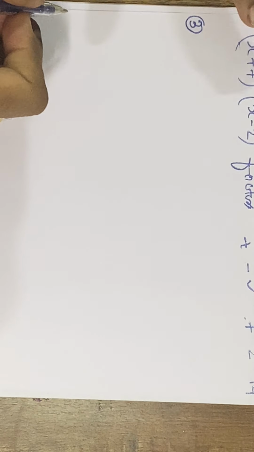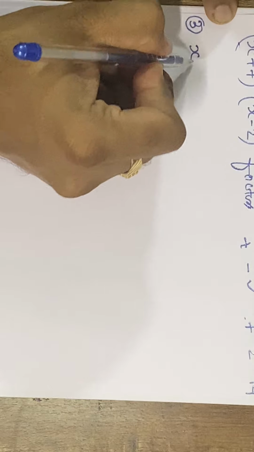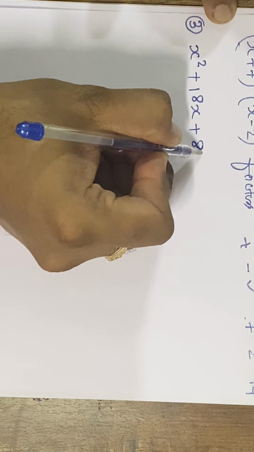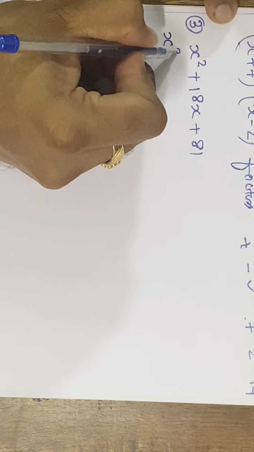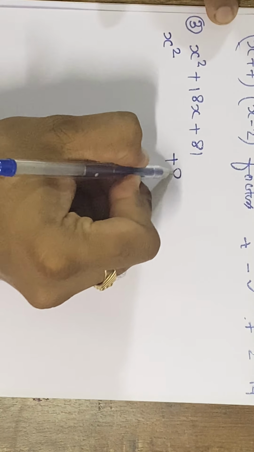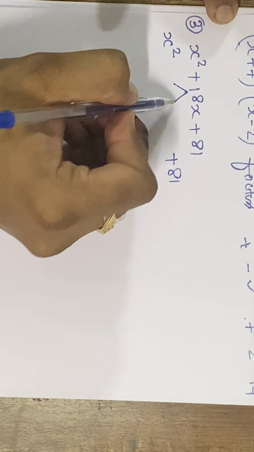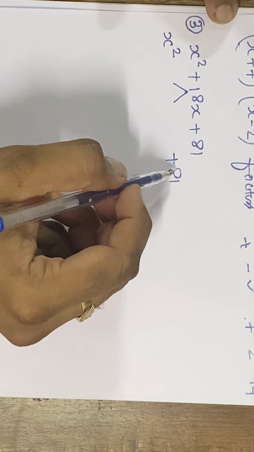I'll take x square plus 18x plus 81. If you look into this question, the rule is again x square, plus 81 as it is. 18 you have to break up into two numbers such that their addition is 18 and multiplication is 81.